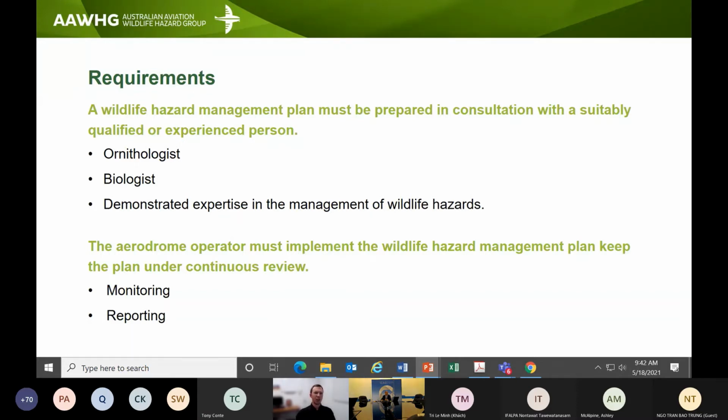And just to follow on from earlier, it is the aerodrome operator's responsibility to implement the wildlife hazard management plan and to keep the plan under continuous review. And the key with these two are monitoring and reporting.